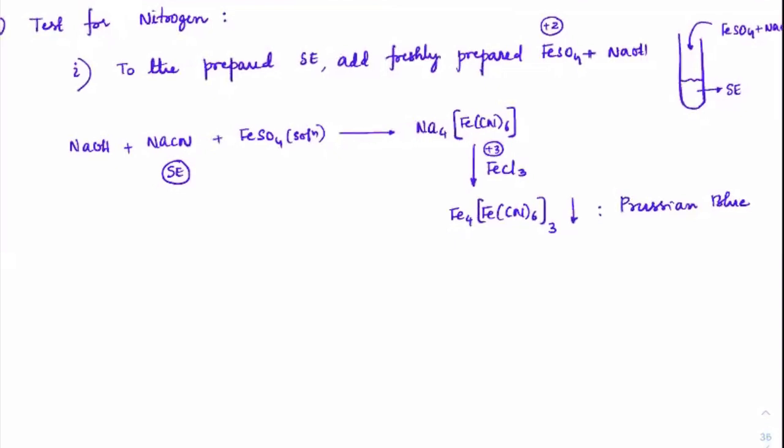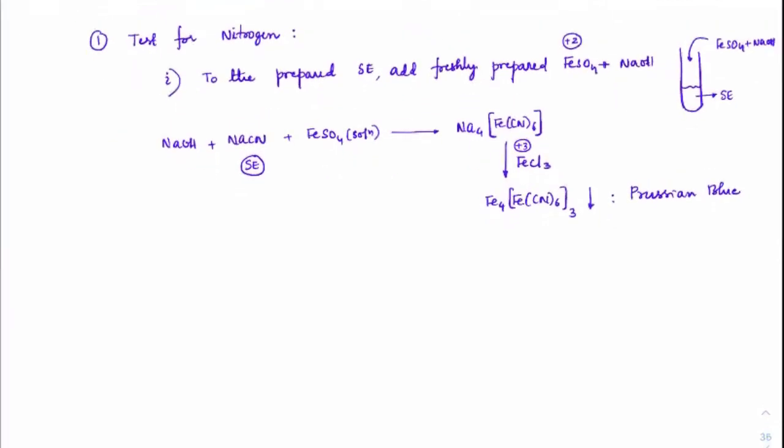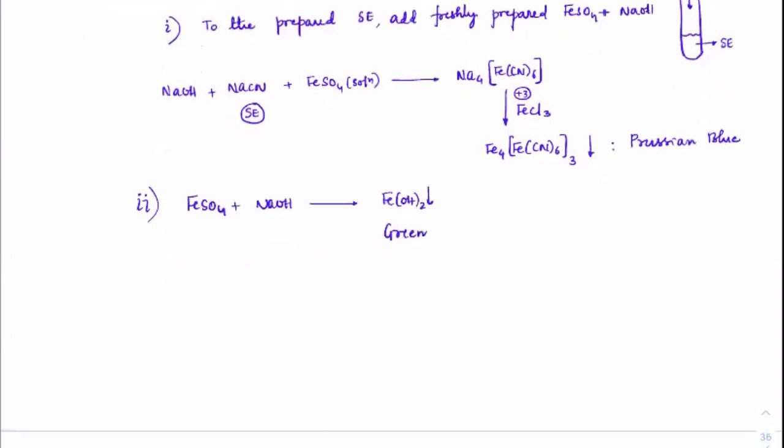The other way of looking at the same reaction, the second way of looking at it: imagine that when I added FeSO4 plus NaOH, there might be Fe(OH)2 forming, which is a slightly green precipitate. This Fe(OH)2 which is formed, I'm adding it to sodium extract NaCN.